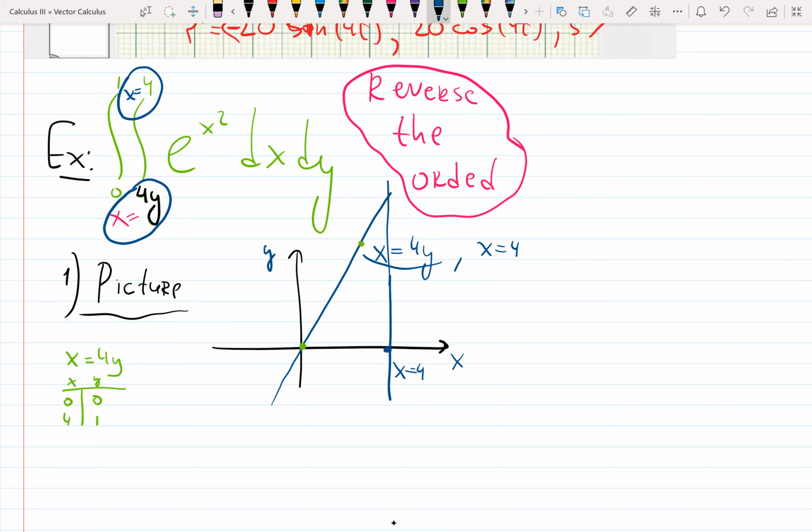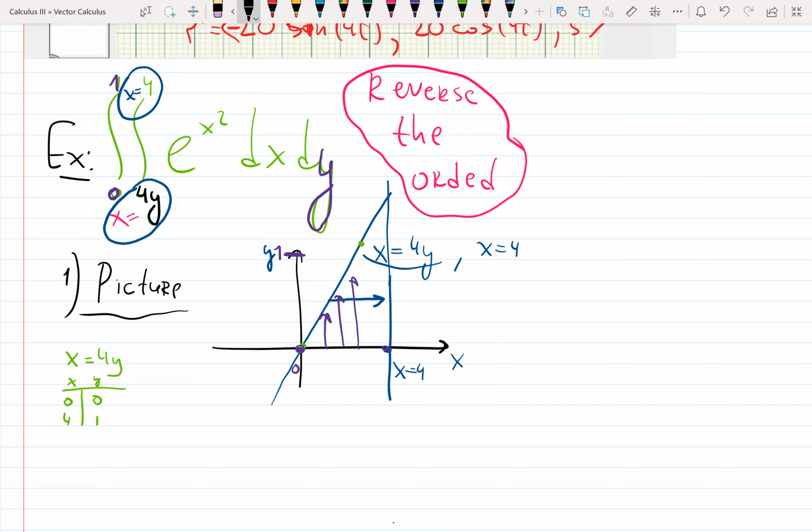So apparently we're scanning from left to right, that's my x, while y is going from the number 0 to the number 1. So y is going from 0 to height 1, like so. So we want to change that.